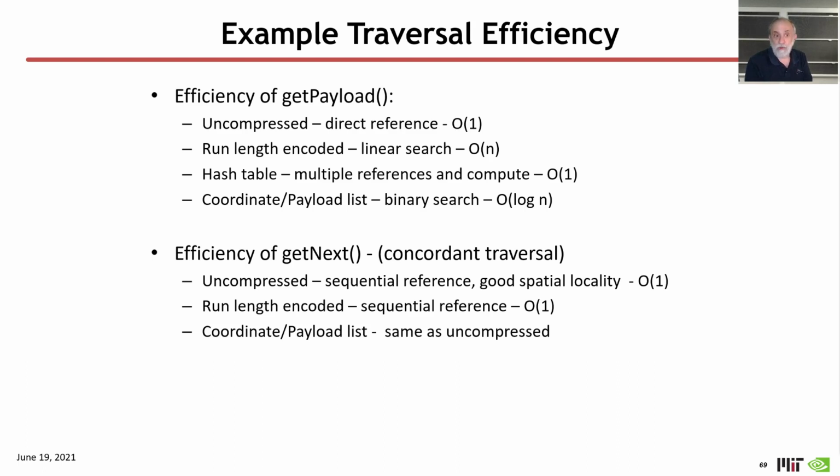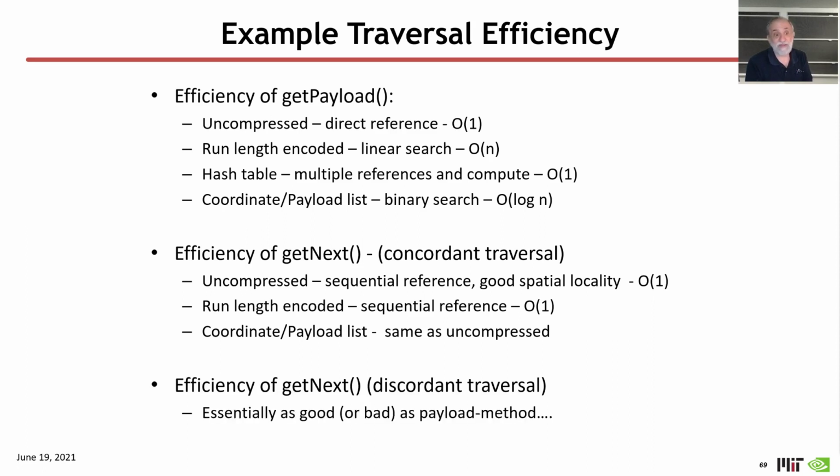Coordinate payload list is the same as uncompressed. I actually will just pick up consecutive non-zero elements of the fiber. What about efficiency of get next for discordant traversal? Essentially, it's going to be as good or bad as the cost of a get payload method.